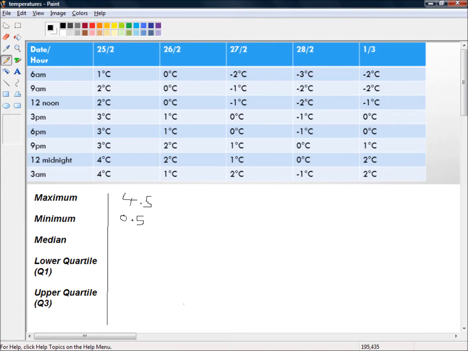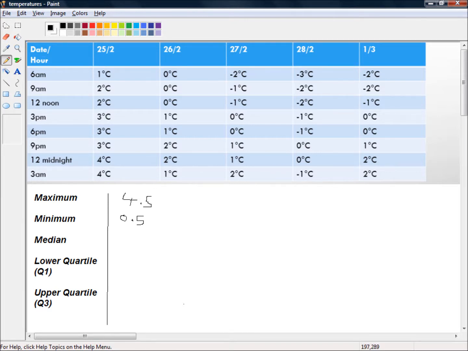Now to find the median, there are two ways to do it. The quickest way, if you've got a lot of data, is to count up how much data you've got. So in this case we've got 1, 2, 3, 4, 5, 6, 7, 8 elements in our data set.